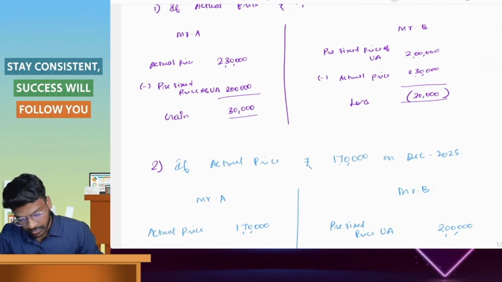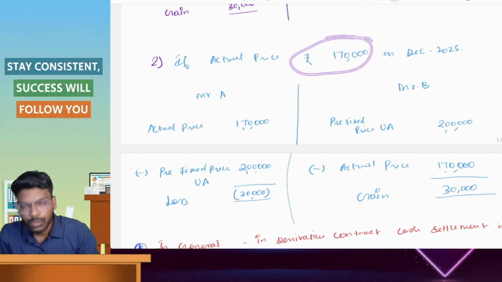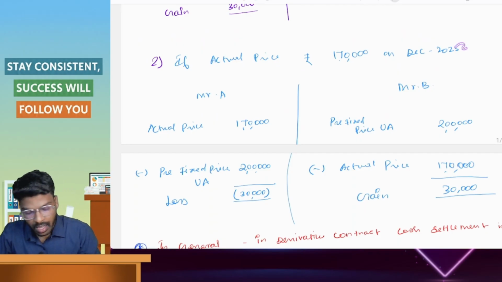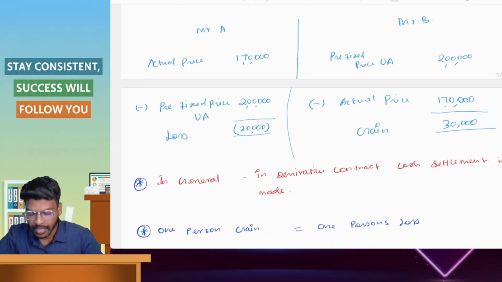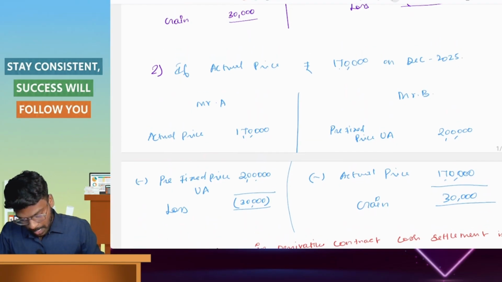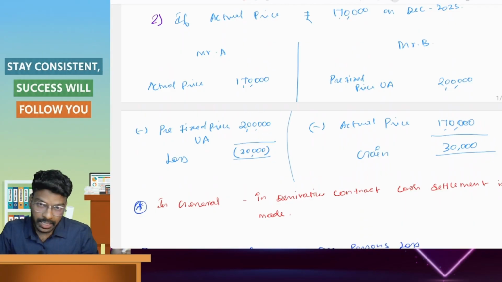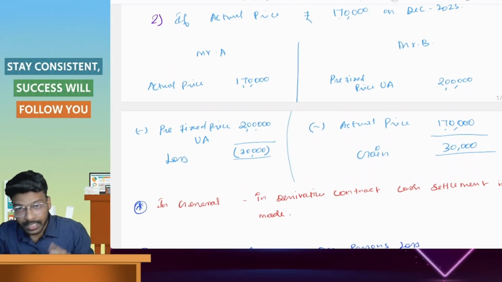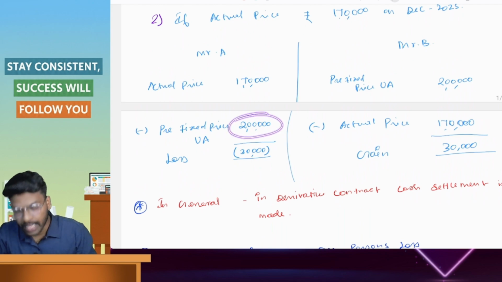In this case, the actual price of the MRF shares turns out to be 1,70,000 in December 2025. In the case of Mr. A, Mr. A will pay the amount of 2 lakh to Mr. B to purchase the shares, which is entered in a forward or future market. 2 lakh he will pay.